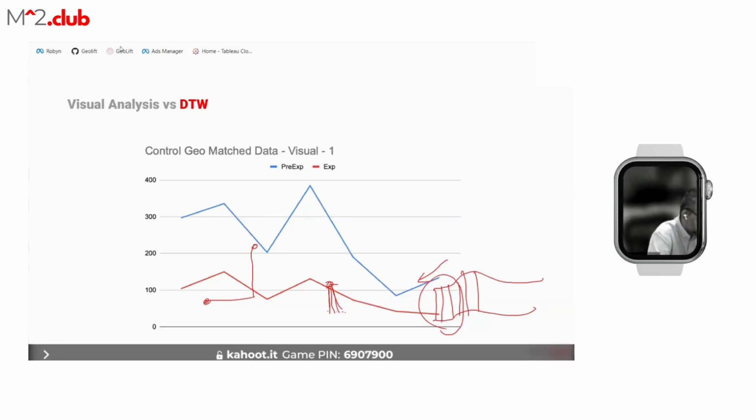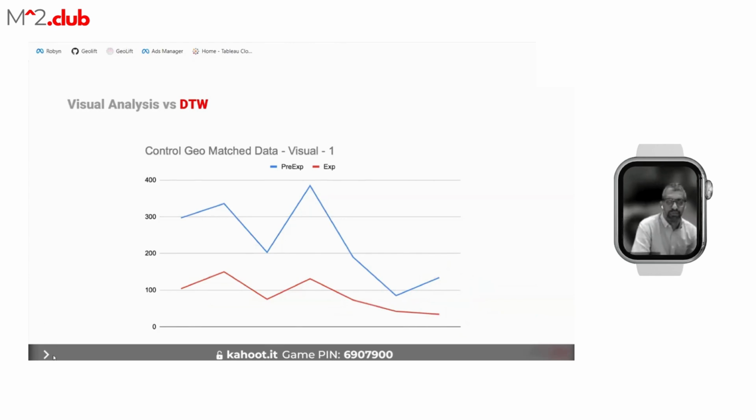Okay, sorry. A quick visual analysis: this is to show how we can be misled if we compare two time signals visually, right? Here are the pre-experiment and post-experiment graphs. This is one set of data, so just remember this.